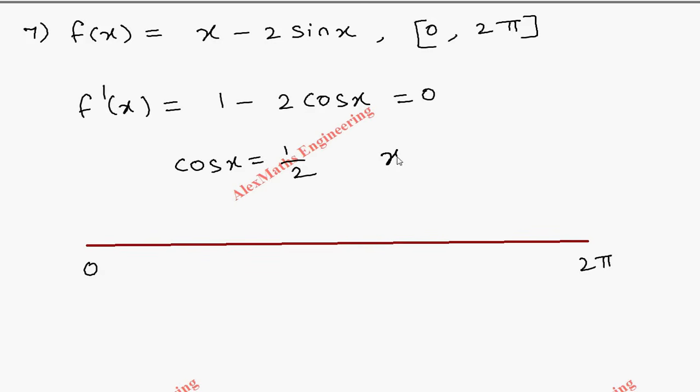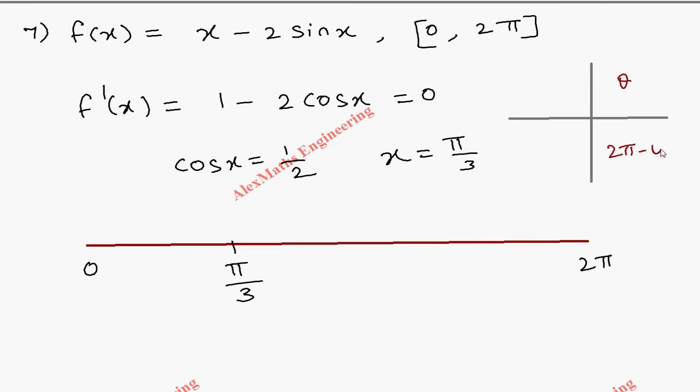The value of x which gives cos x equal to 1 by 2, the first value is pi by 3. So let's plot here pi by 3. Then cos is positive in 2 quadrants, one is the first and the other is the fourth quadrant. In the first quadrant we take it as it is, and in the last quadrant we take 2 pi minus theta.